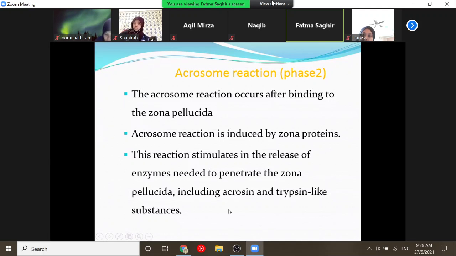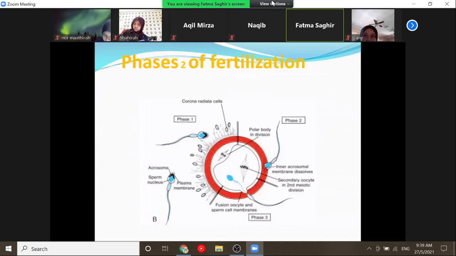So the enzymes are also important to penetrate the zona pellucida. The names of the enzymes are acrosin and trypsin-like substance. If you can see at the last row, we have acrosin and trypsin-like substance. So that is penetration of the second layer.